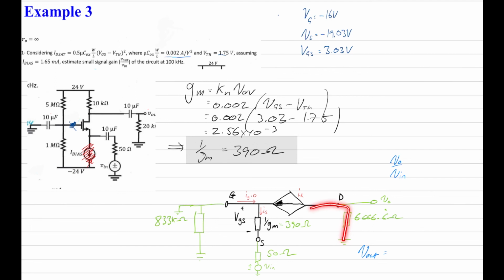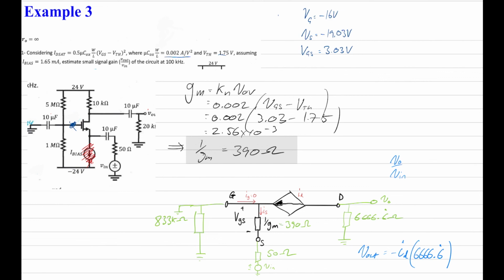The fact that it's flowing away from the ground means that it's negative. So it's going to be minus ID times the resistance over here, which is going to be 6666.6 recurring. So we've managed to find the output voltage, and obviously when we're dealing with MOSFETs, the nice thing about MOSFETs is that the drain current and the source current are identical, and that's going to be really important.